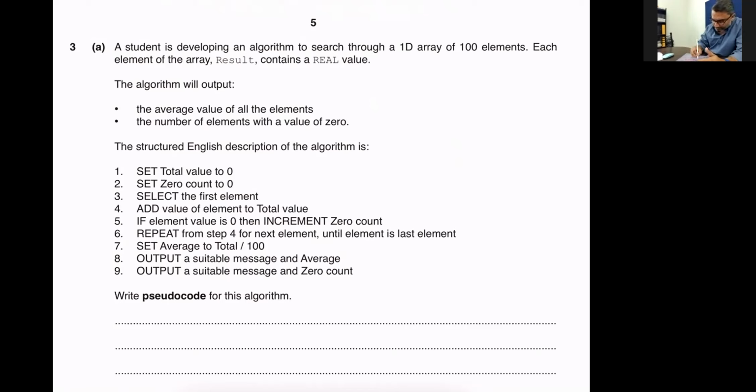So output "Average is equal to", comma, Average variable, and output "Total is equal to", total. There we go. This is a simple question.